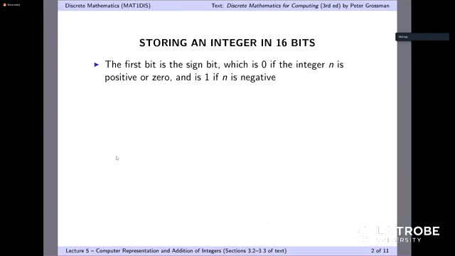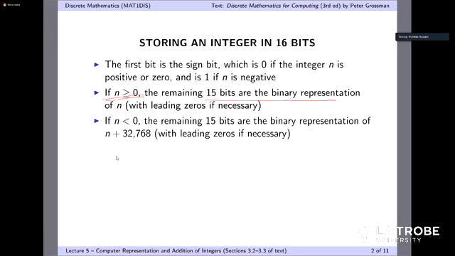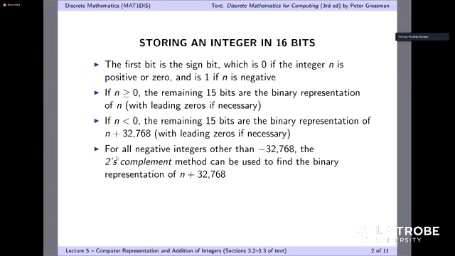Okay. So more formally, if the number is positive, the first digit would be 0 and then 15 bits of binary representation of that. If the integer is negative, the remaining 15 bits are the binary representation of whatever that integer is plus 32,768. That's the first method that we learned. The other method that we learned was using 2's complement.